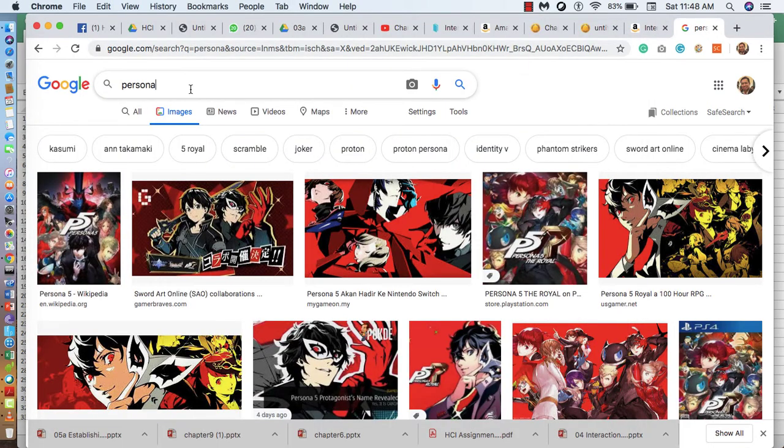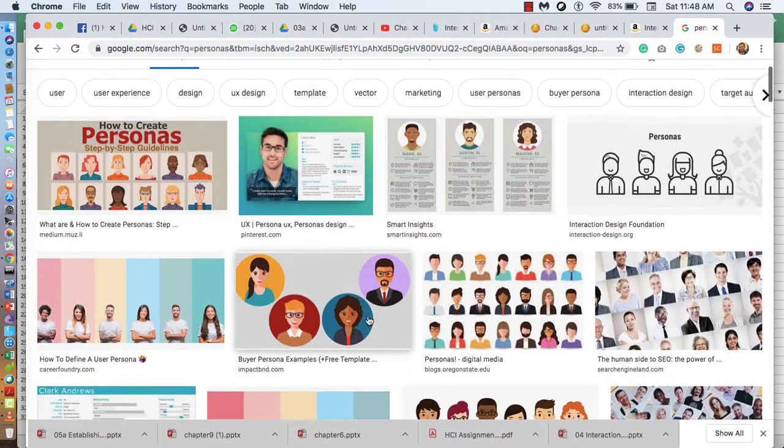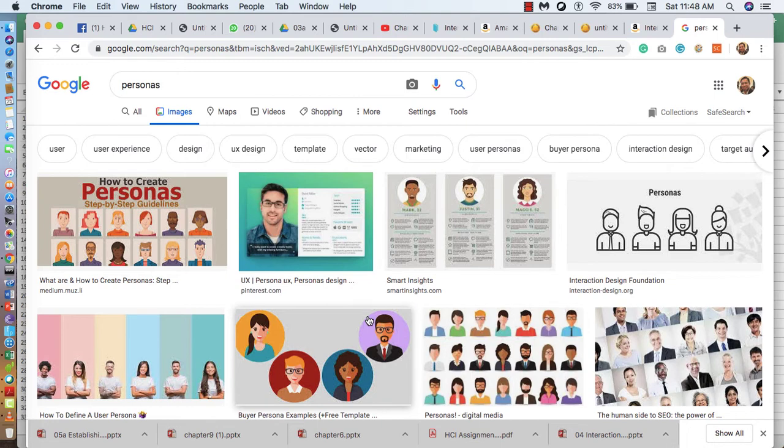Yeah, I forgot the S: personas. When you type personas, persona is in Malay attractive. If we take out the S, most of the result set will give you a car, different things. But if you type personas with S, you can see this is the right one, something related with characteristics of human.